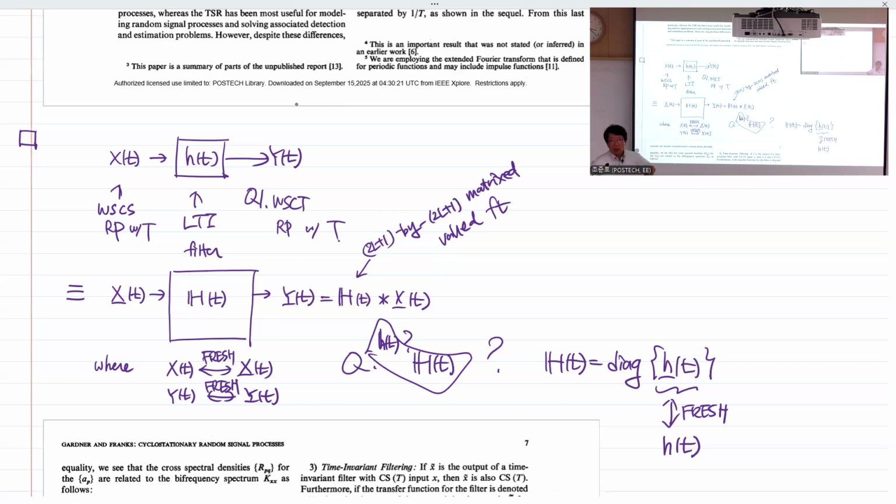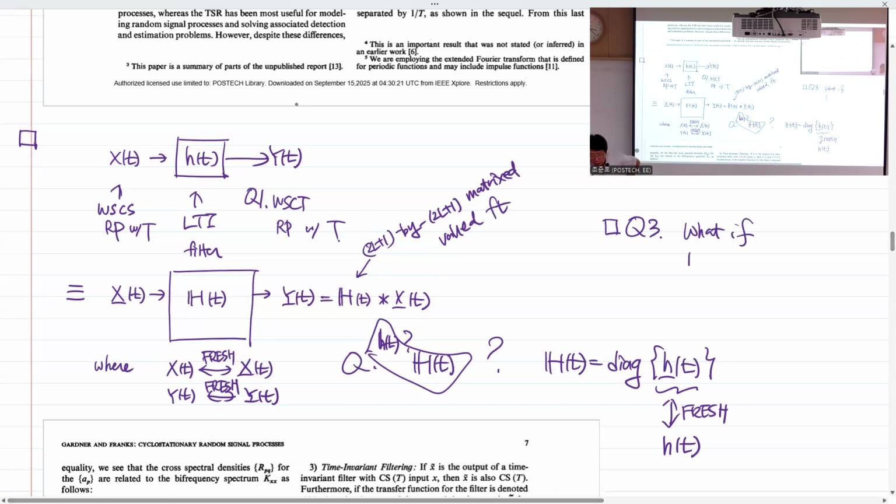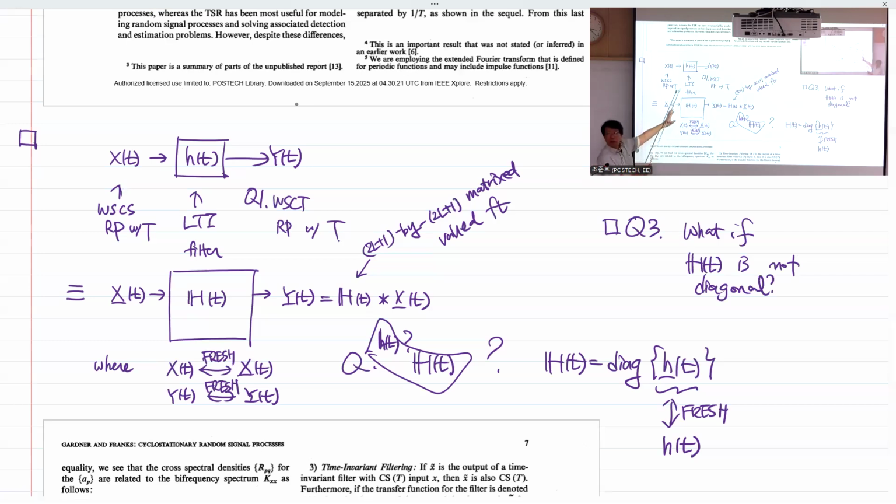By the way, let me further tease you. What if H of t is not diagonal? So the question is like this. Suppose we consider kind of converse.